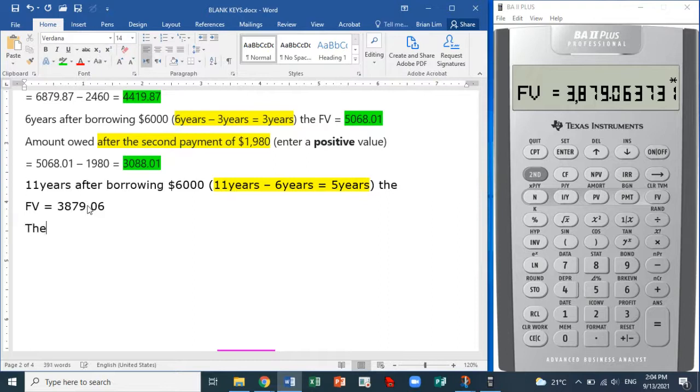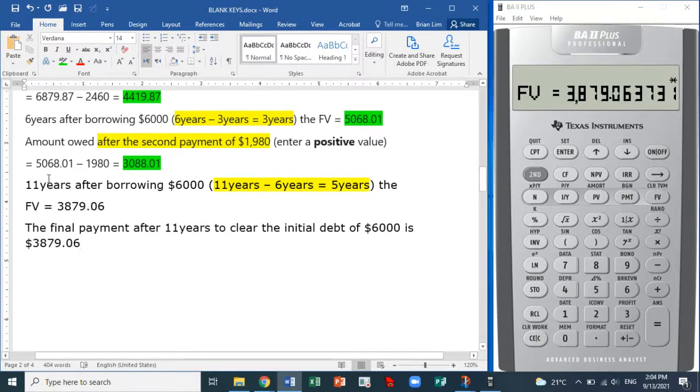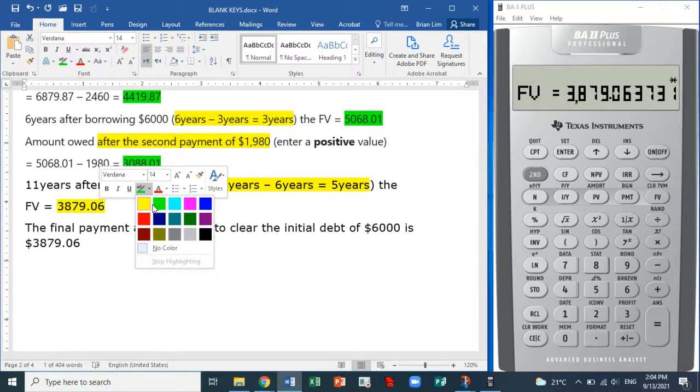So the final payment after 11 years to clear the initial debt of $6,000 is 3879.06.